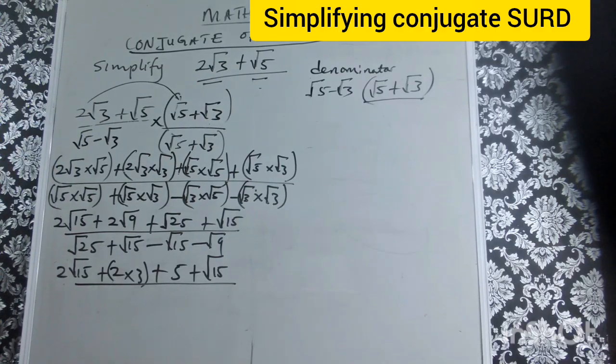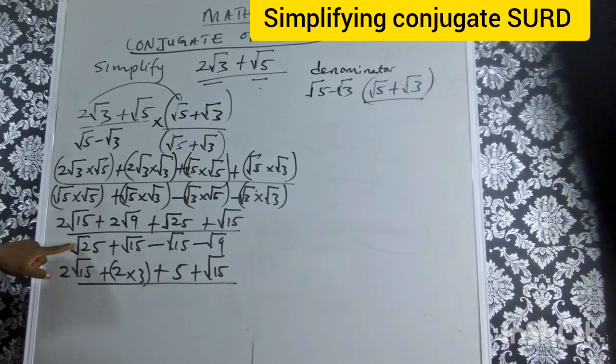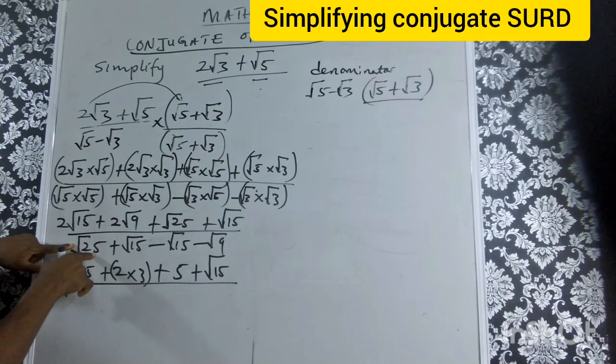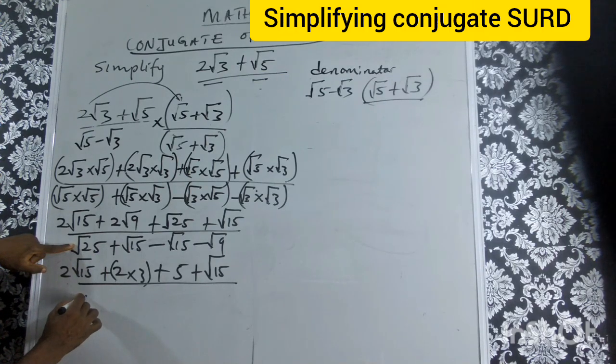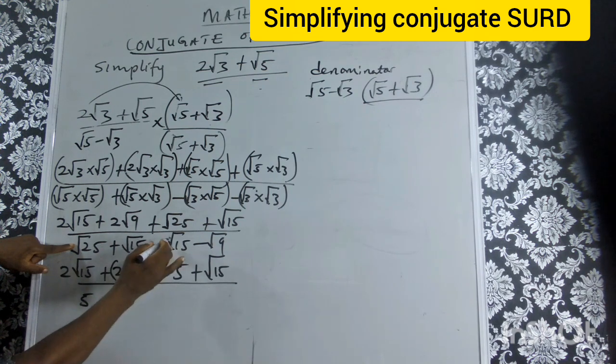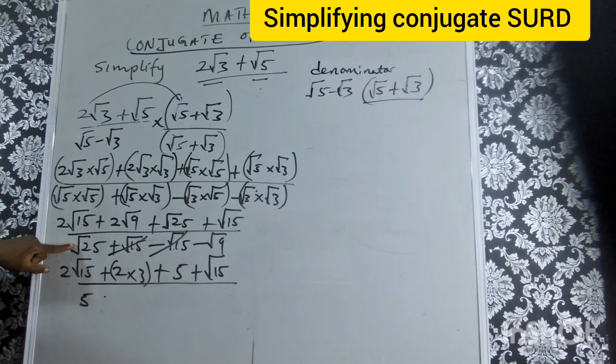Now we have this also, the down one will give us square root of 25, here is 5, plus, remember this and this are like terms, these and these are like terms, they can cancel out from here.